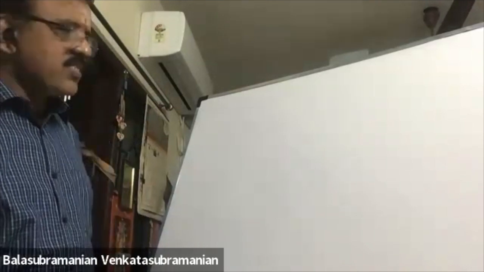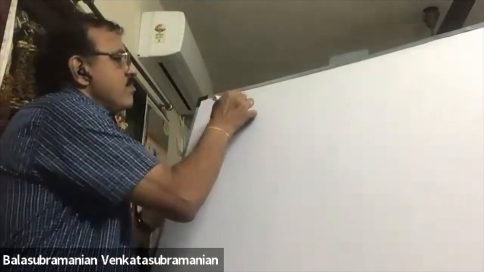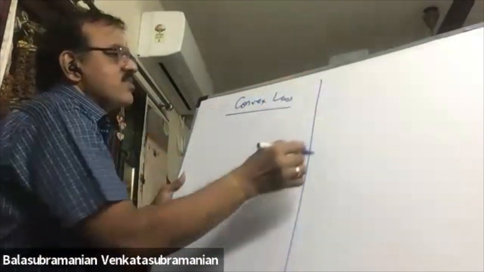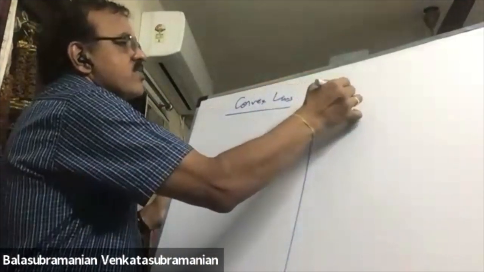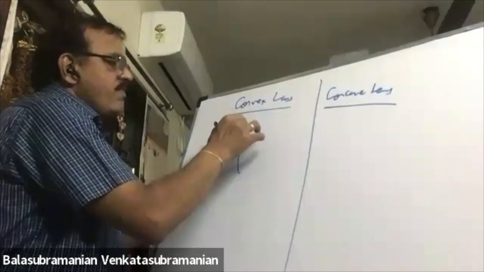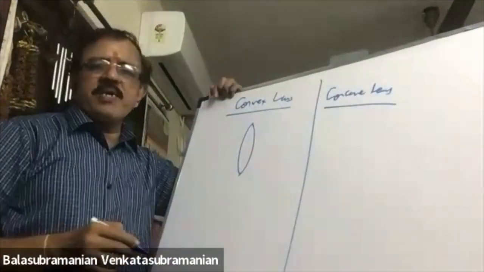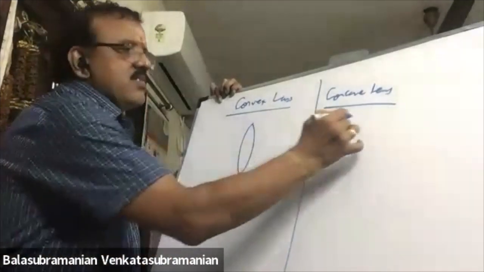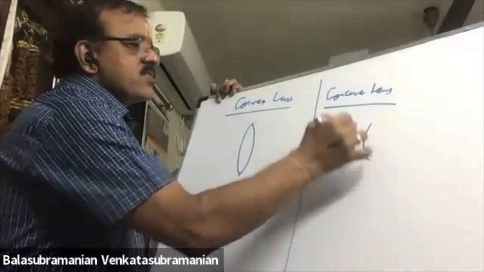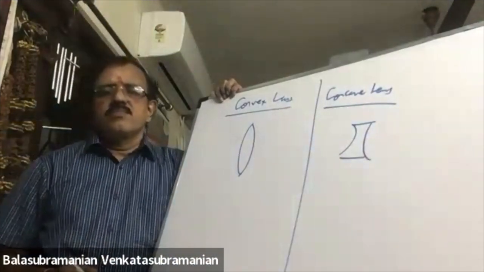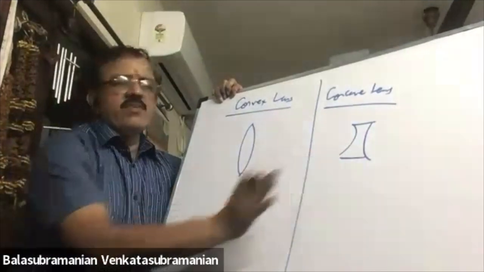Next, lenses. Convex lens, concave lens. Sir, this is convex. Correctly speaking, this is a biconvex lens. This is a concave lens.